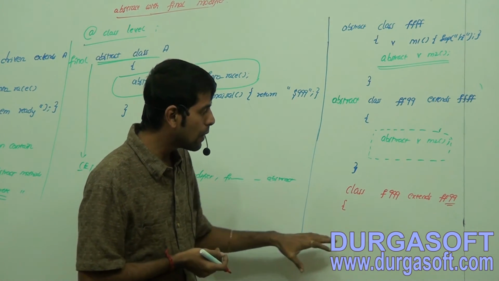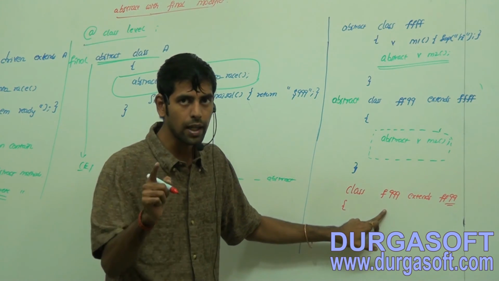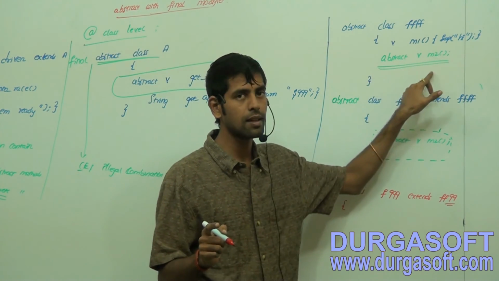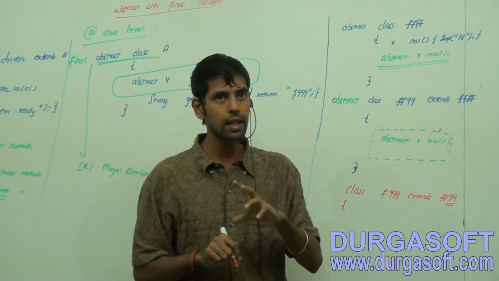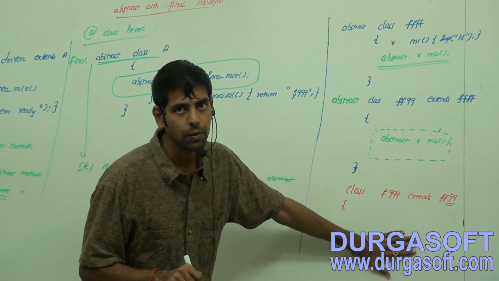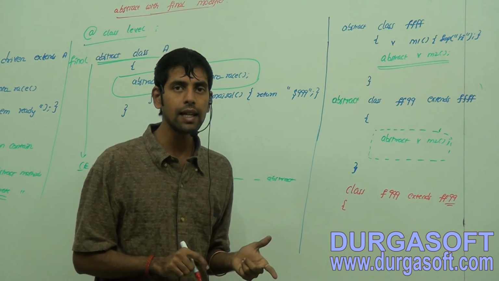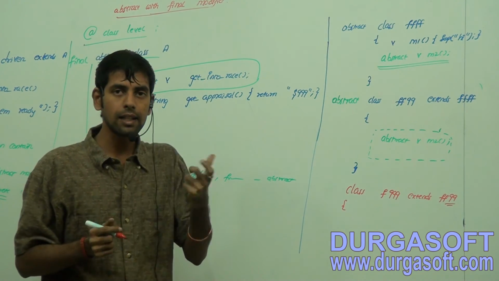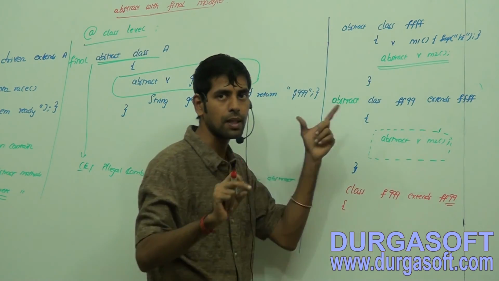Now definitely this child class should provide implementation for this method. Very important, tricky thing. If you are not doing that, you still have to declare this as abstract. In that case, the next level child is responsible for giving implementation to this method.